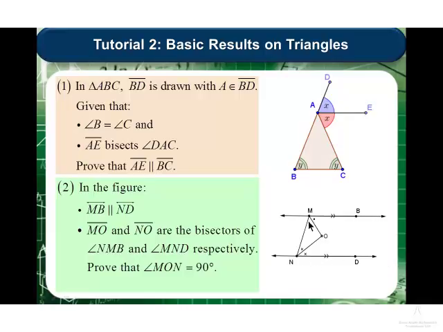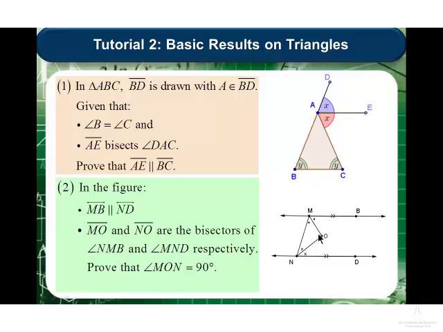Bisectors of the angle means that we have two equal angles generated by this line segment MO, and also for NO we have two equal angles as indicated on the screen. In such a case you have to prove that the angle MON is a right angle, 90 degrees.